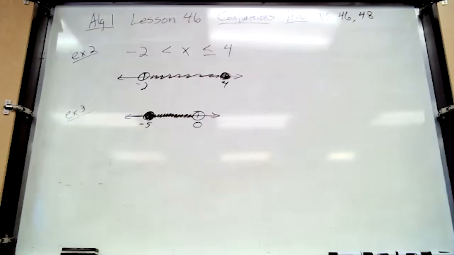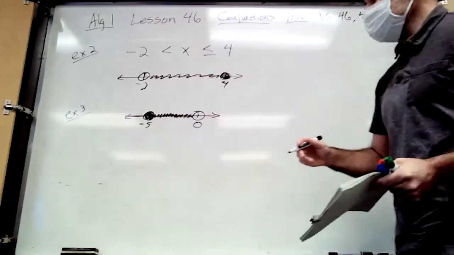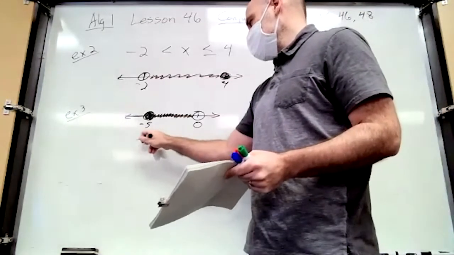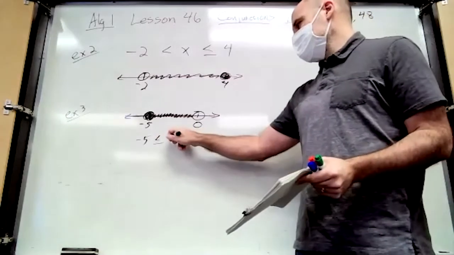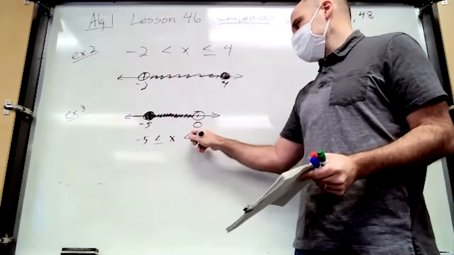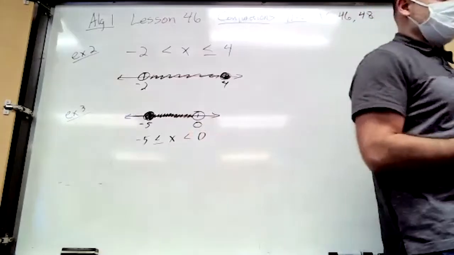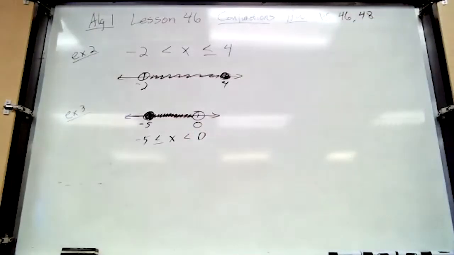Almost perfect. What'd you do wrong? Anyone else? No. You should always point to the left. The arrows are pointing in the right direction. Nathan? -5 is less than, and less than or equal to. That's the only thing you did wrong, okay? So you just need that little line underneath it, okay?